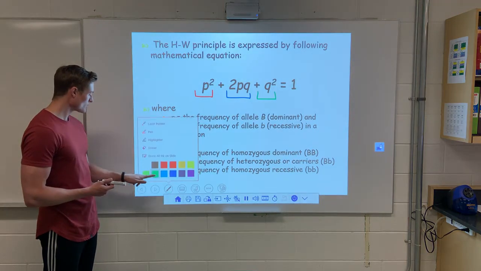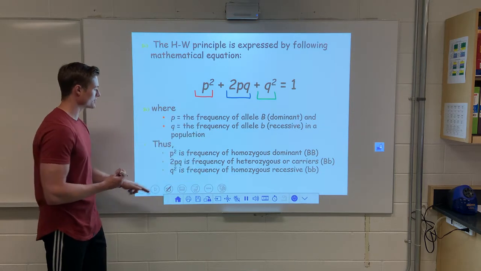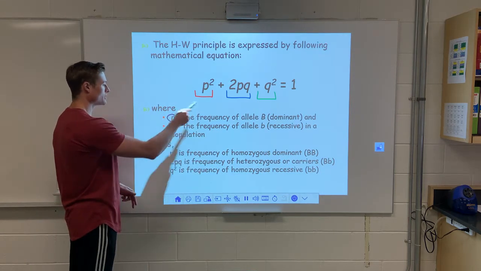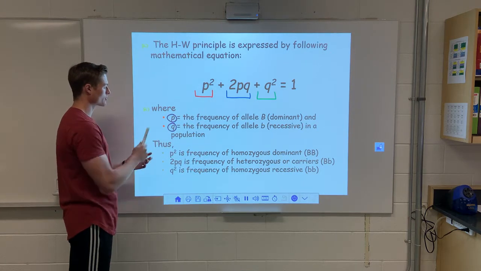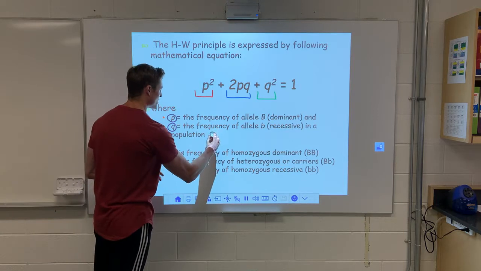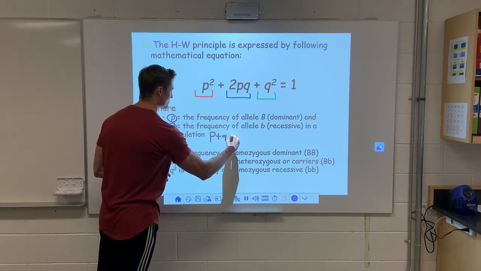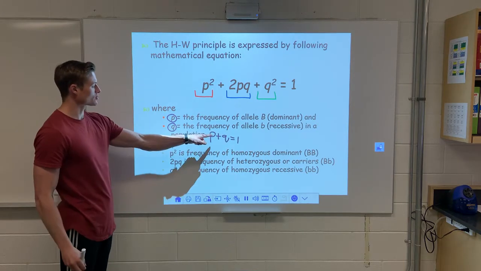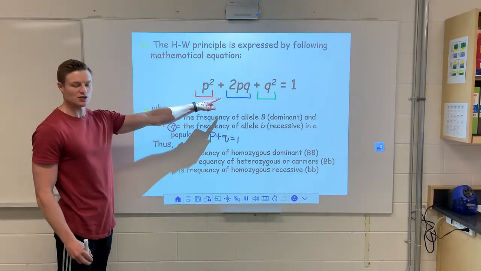Finally, if you want to solve for the allele frequencies, we have p and q, where p is representative of the dominant allele, q is representative of the recessive allele. So essentially we can have another equation here where p plus q equals 1. And this is important because this equation is where we get this equation from.